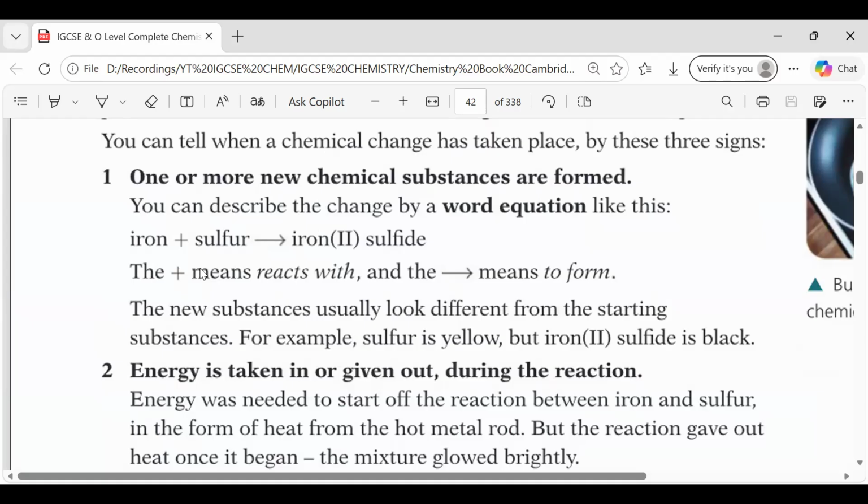The plus means that iron is reacting with the sulfur. So the plus sign is telling us reaction, to react with, and this arrow means to form.